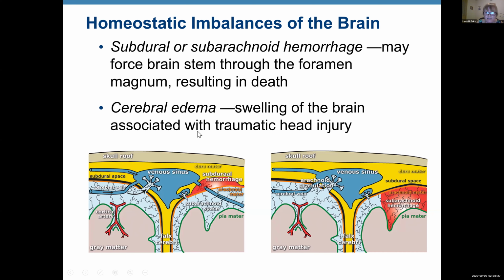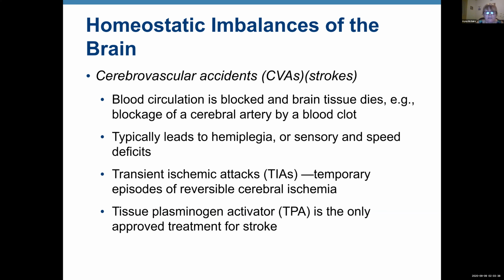Cerebral edema is swelling of the brain associated with traumatic head injury. Right, so next we have CVA. CVA is stroke. The name is cerebral vascular accident.